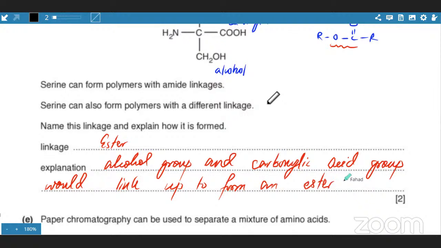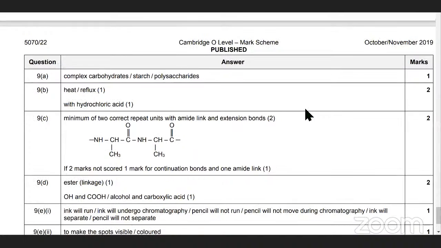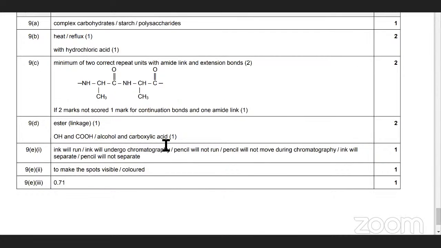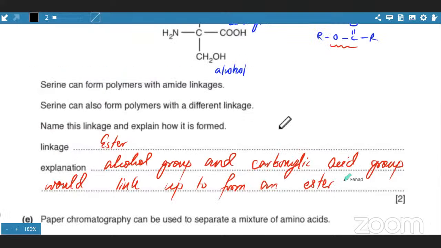Hopefully it's just a 1 mark question, this part. So the explanation would be sufficient. What did they write? Just this, that the alcohol and carboxylic acid group. So we've mentioned that. So this part is done. You've got marks for that.